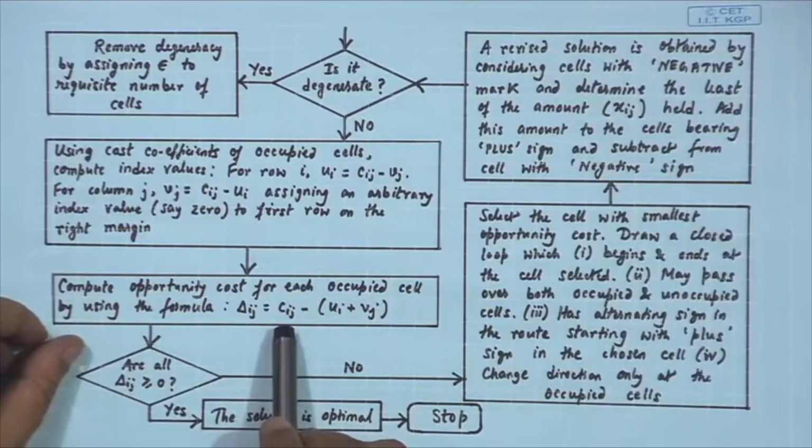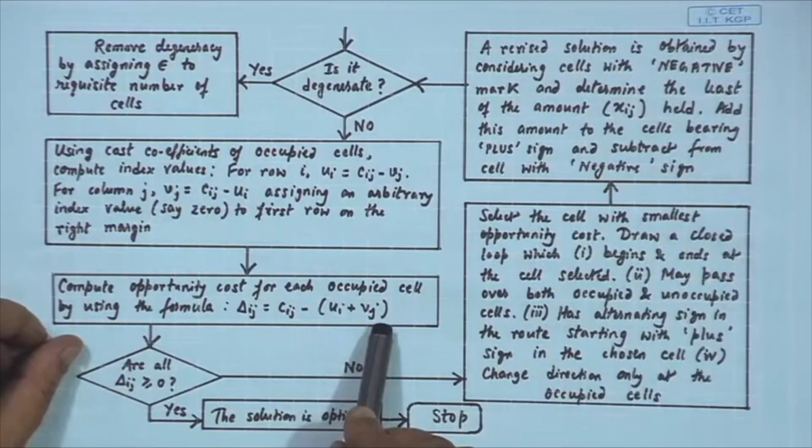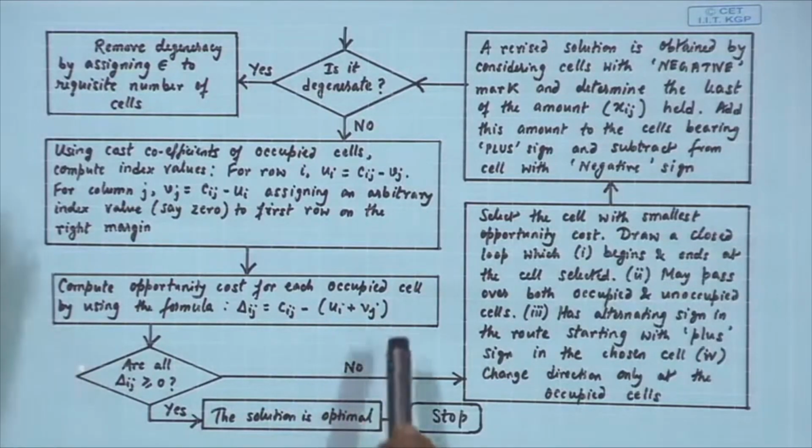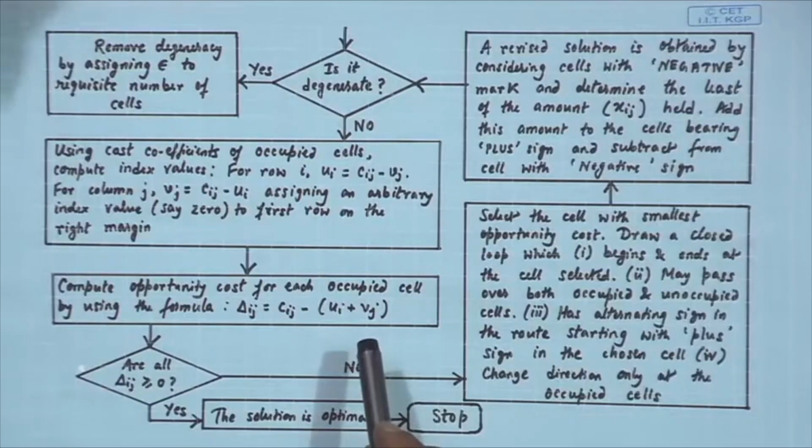So, I will calculate for each cell c i j minus u i plus v j, which is delta i j. If delta i j is greater than or equal to 0, the solution is optimal and we stop here. So, for optimality I have to check whether c i j minus u i plus v j is greater than or equal to 0 or not. Please note this.